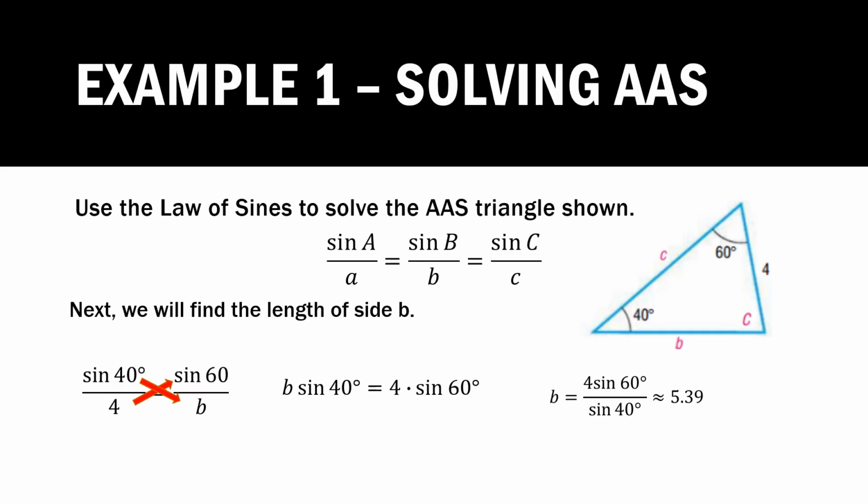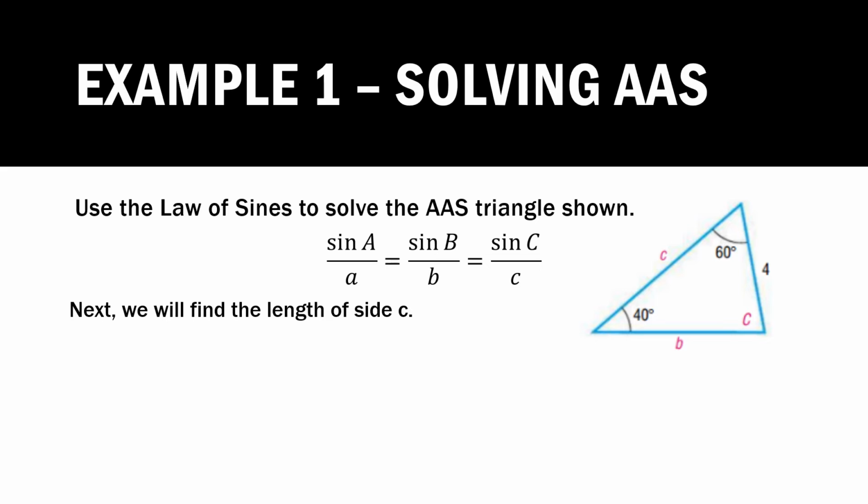Hopefully that makes sense, since the smaller side is 4. So now we'll find the length of side C. So we select the proportion that will allow us to find the length of side C. Go cross multiply.